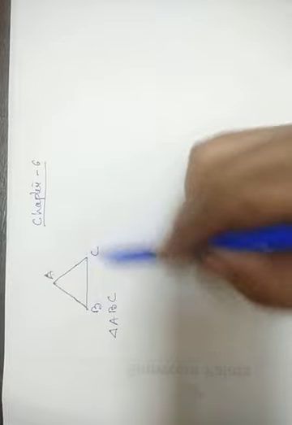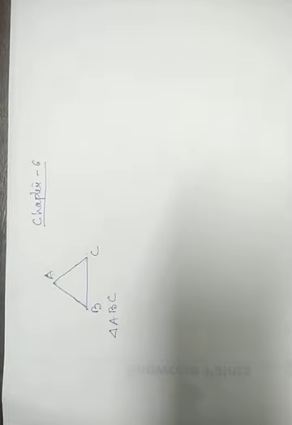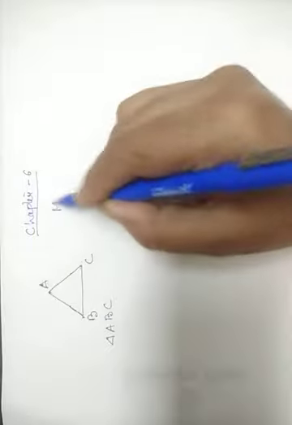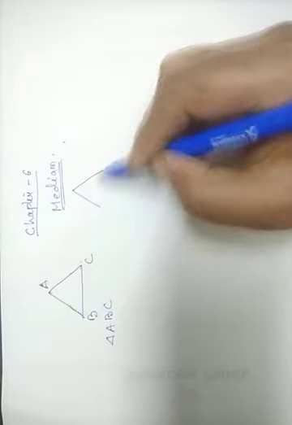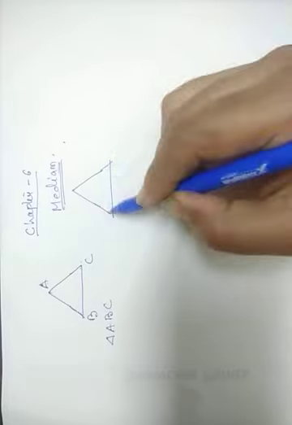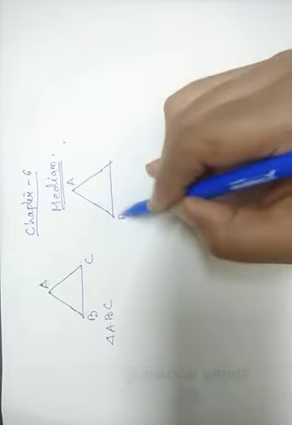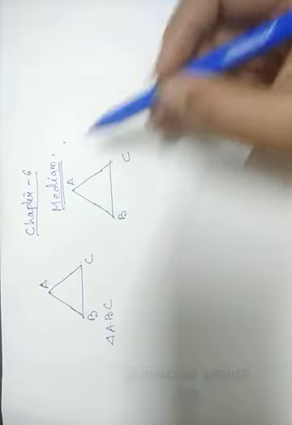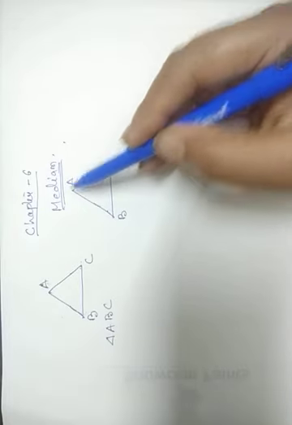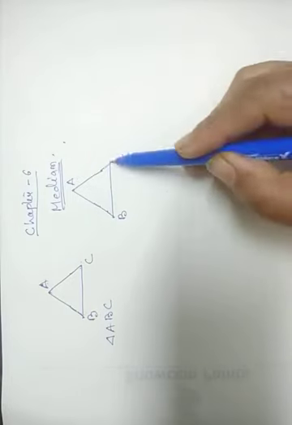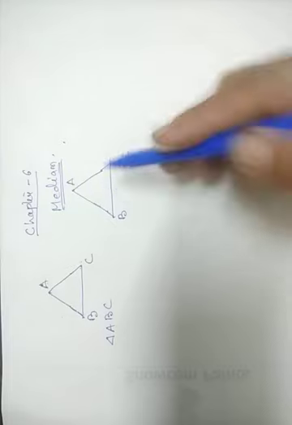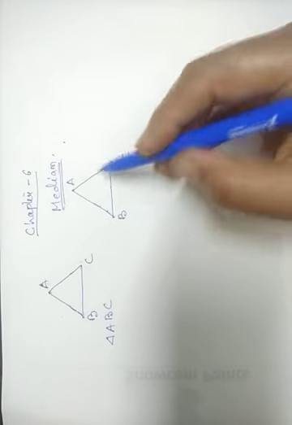Okay, now in this triangle, there are some other things. What is that? Median. Now, what is a median? In a triangle, if you draw a line segment from the vertex to the midpoint of the opposite side, then that is called the median.